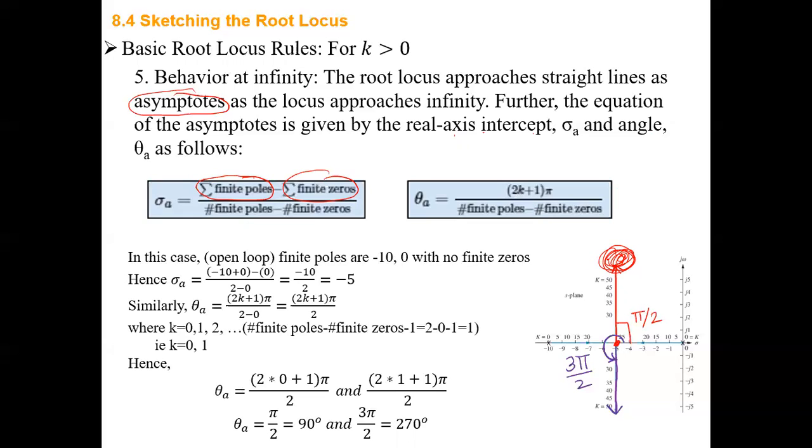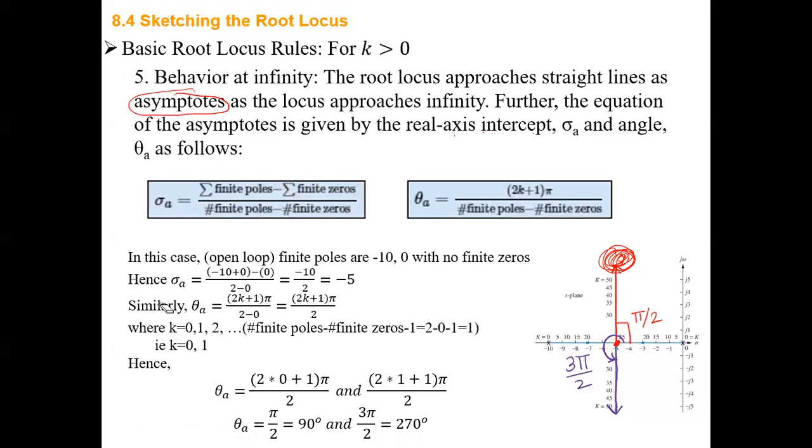Only the finite ones, not the infinite ones. Then subtract them, then divide by the number of finite poles minus the number of finite zeros. That gives you sigma a.